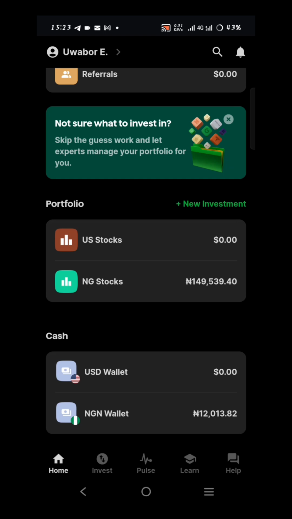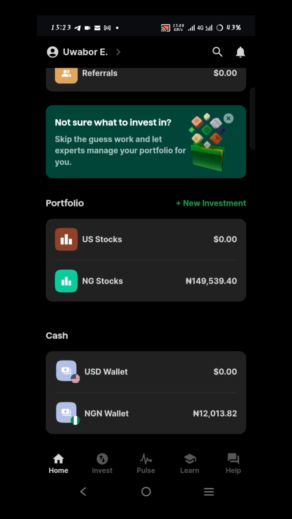So I'm going to be buying shares that are less than $10, because approximately $10 is around 14,000 naira, but with all the charges and the rest, we make it 15,000 naira. I'm not buying any shares up to that, but I'm buying shares which are less than 10,000 naira, which is less than $10.